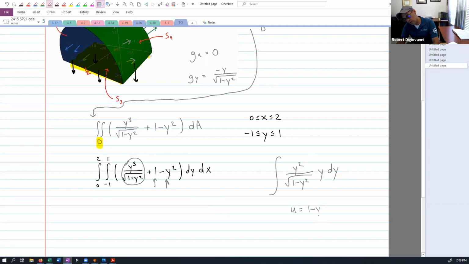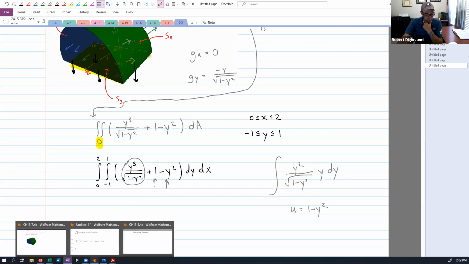U is 1 minus y squared. If you do that, you'll be able to rewrite all of this and it'll work out nicely. You could also use trigonometric substitution. Trig sub would work here, but it's a little longer when you do it that way.